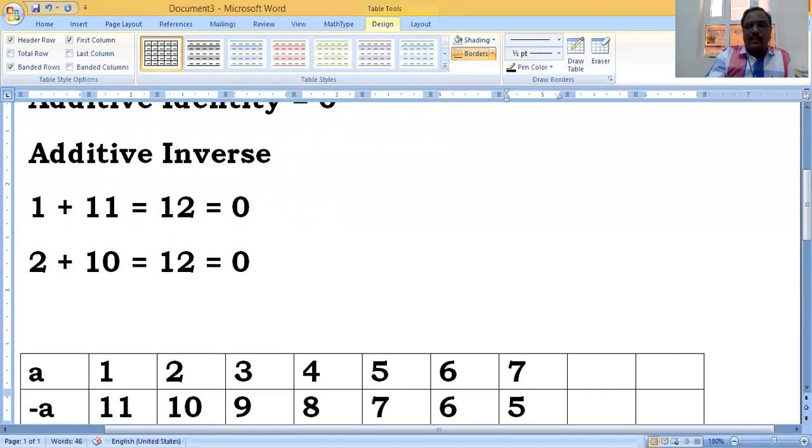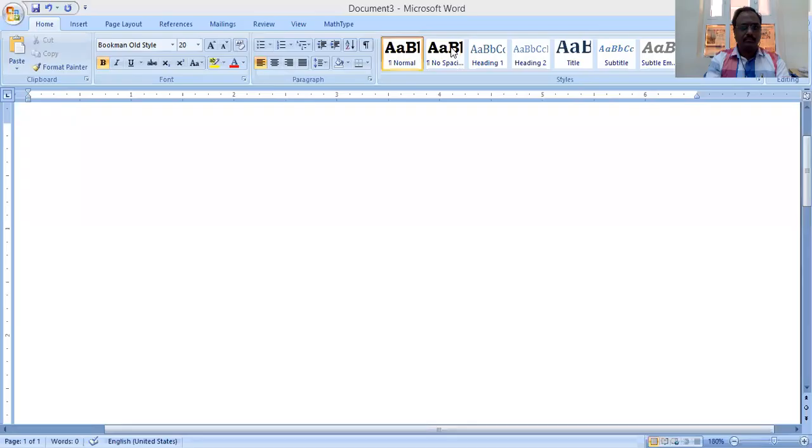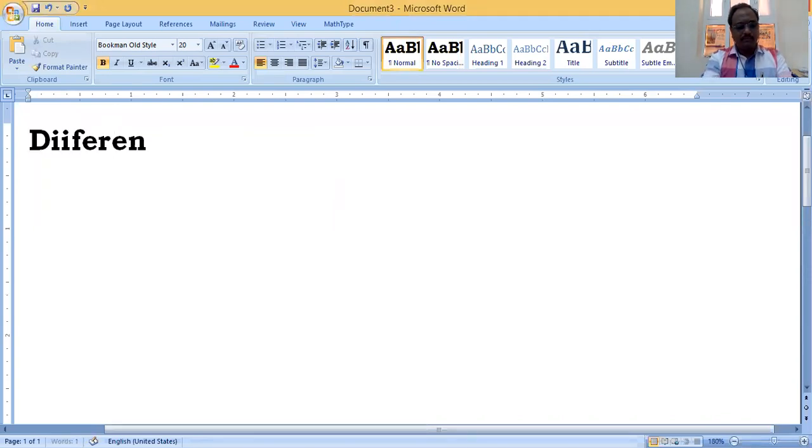So now, using this idea, we are going to define clock arithmetic subtraction, or what we call the difference in the clock system. How to find this, we are going to discuss. For this, we define the difference in the clock.